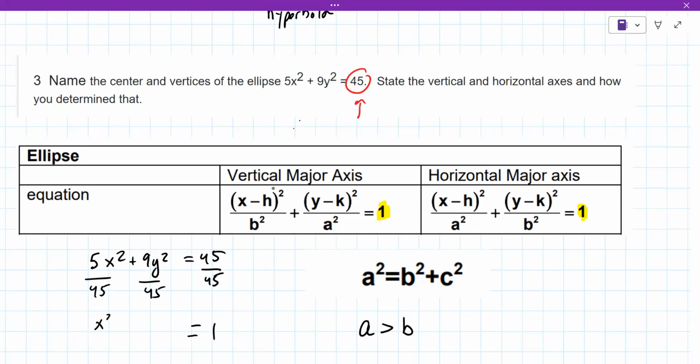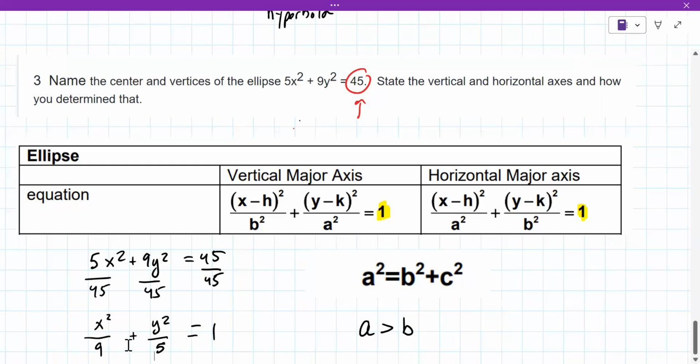So this is x squared over 9. And then 9/45 is 1/5, y squared over 5. So this equation we've written here is the same as the original, but it's now in the form that you can work with. So which is bigger, the 9 or the 5?